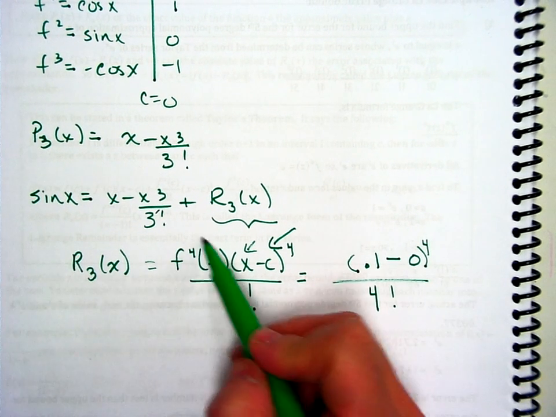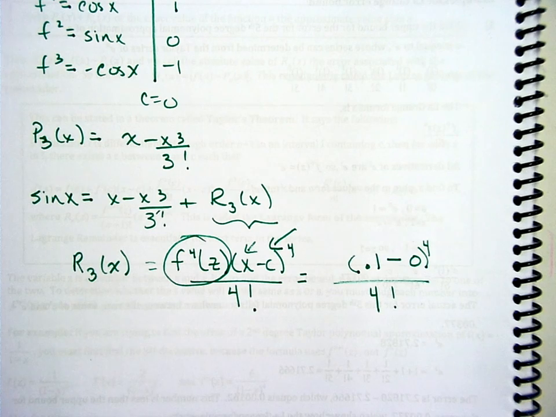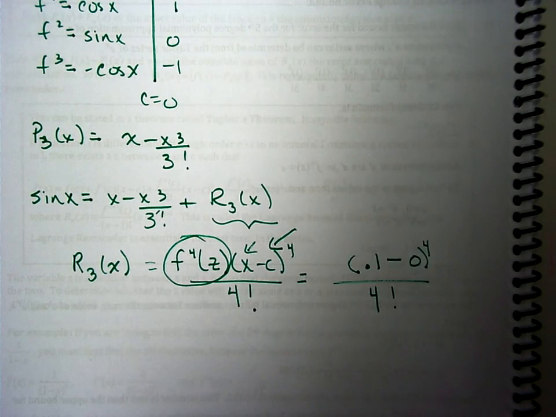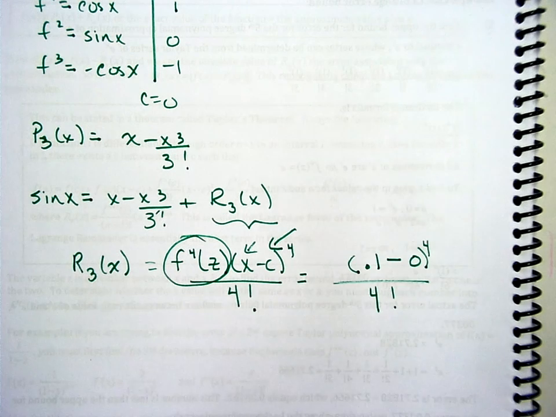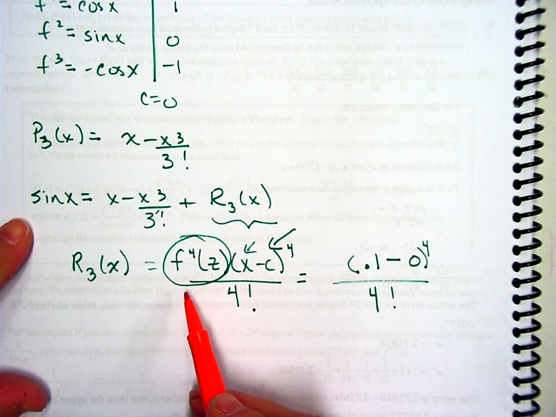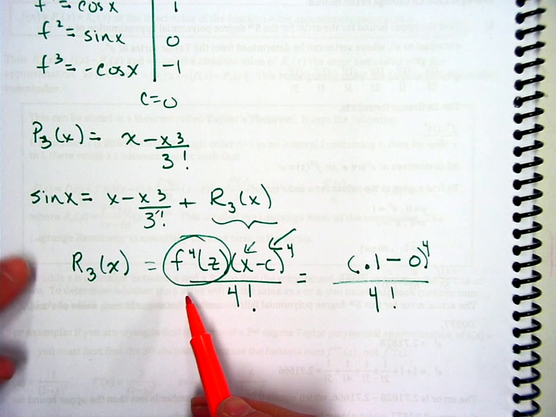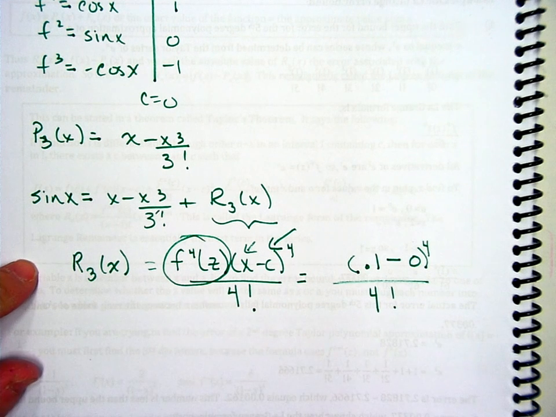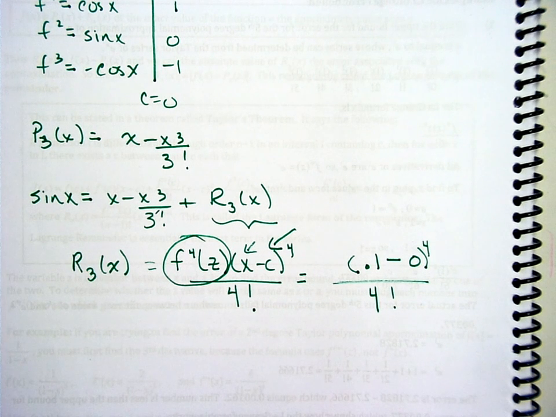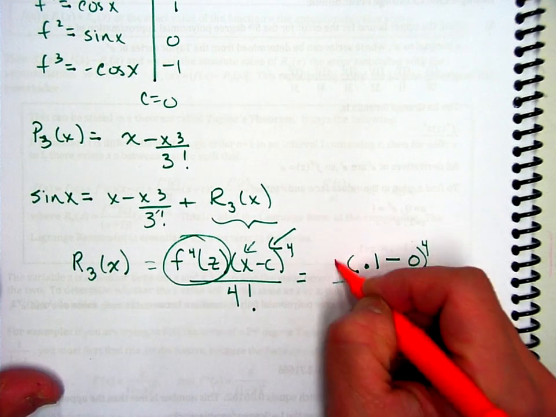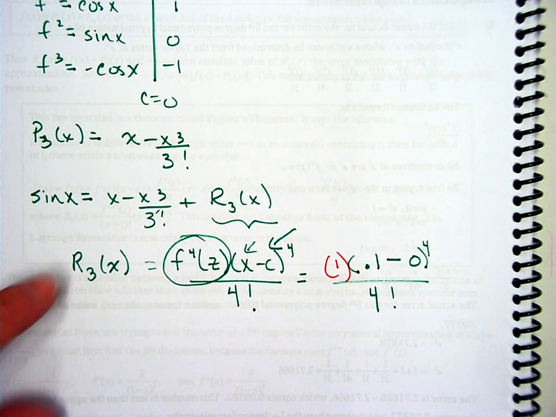This piece right here, we are trying to find the biggest error possible. So you need to maximize that value of the derivative to make this term the biggest value possible. This is very easy if you're talking about a sine or a cosine function, because the biggest value a sine or cosine could possibly take on is 1. So we're always going to just use 1 for sines and cosines.